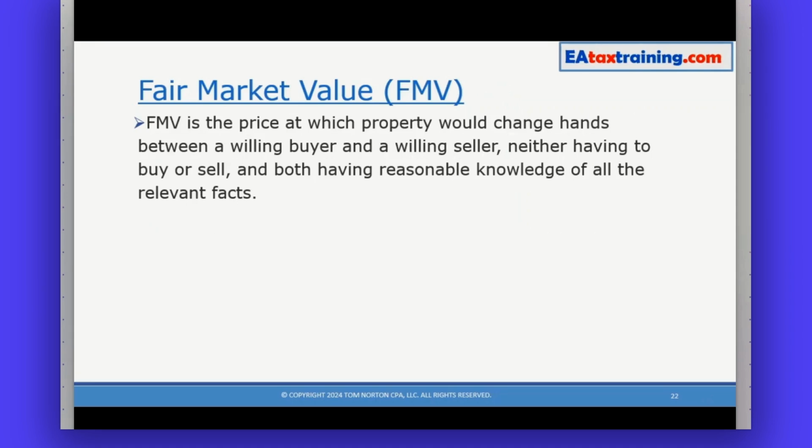No, the buyer knows everything about the car, the good things, the bad things. They know the same things that the seller knows about the car. So a sale between those two people, whatever the buyer is willing to pay and the seller is willing to accept, that is the fair market value of that asset. So that's the concept of fair market value.